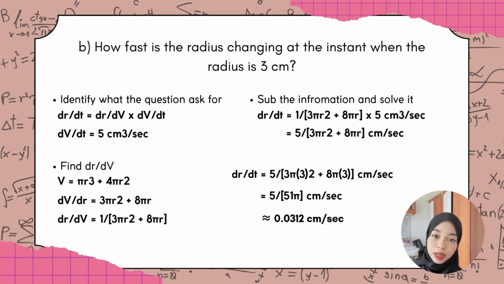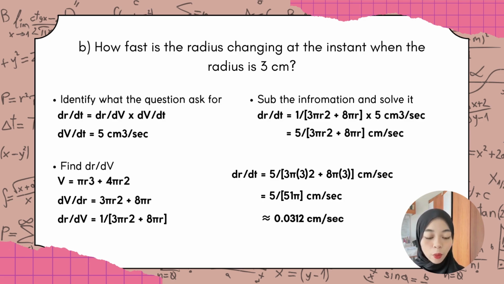Moving to the next slide, this is the final step to solving this problem statement question. How fast is the radius changing at the instant when the radius is 3 cm? So the final step, we're going to find how fast the radius is changing by using the information radius is 3 cm. Firstly, we need to identify what the question asks for. So we insert the formula dr over dt equal dr over dV multiplied with dV over dt.